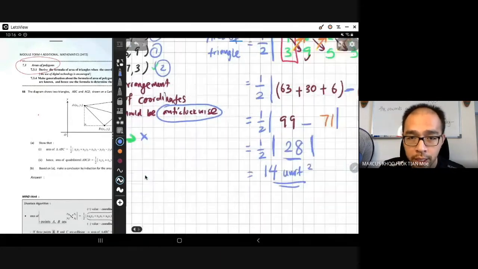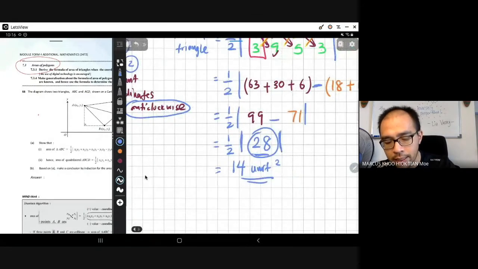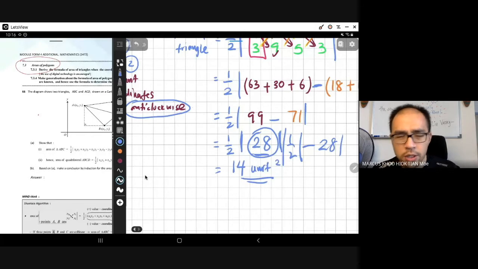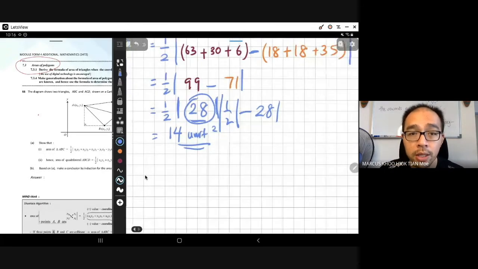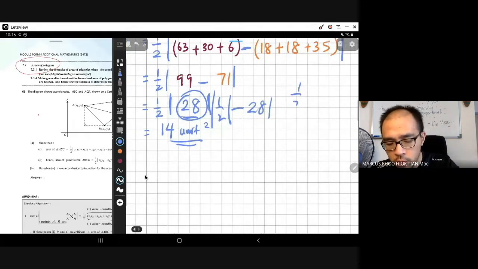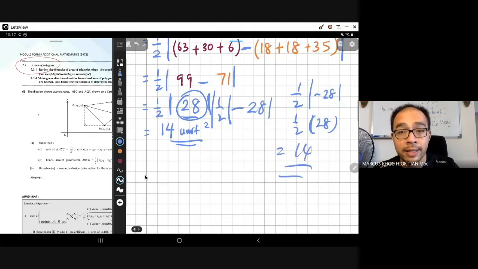What you are going to get now is this answer as negative 28. Okay, 1 over 2. So actually not a problem also, because 1 over 2 times modulus negative 28, the modulus will become positive. And 1 over 2 times 28, you will still get the same answer.